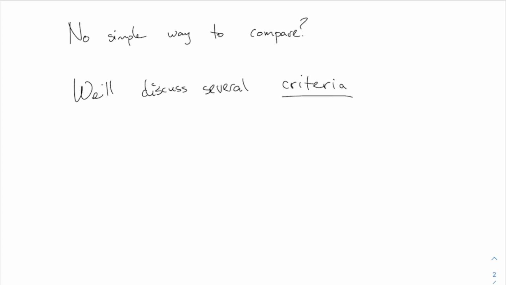We're going to discuss several criteria for judging which are better. I will just say, actually, it's more like judging which are good or bad. What we're going to end up with is several different ways that you could try to ask.